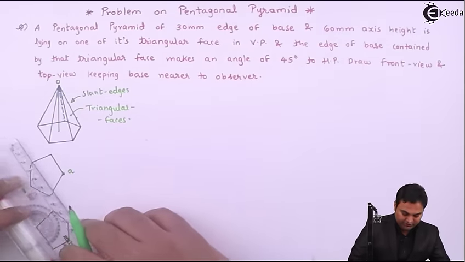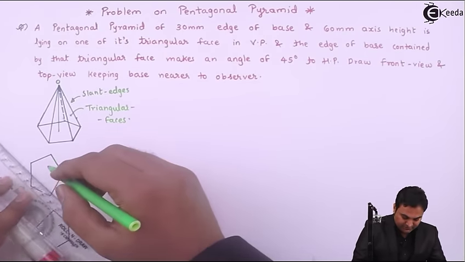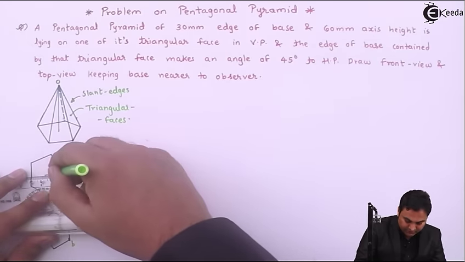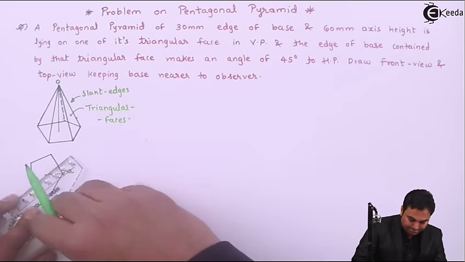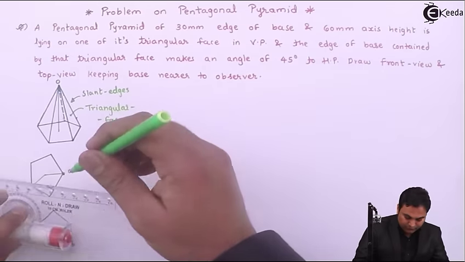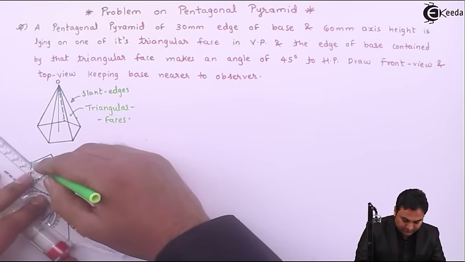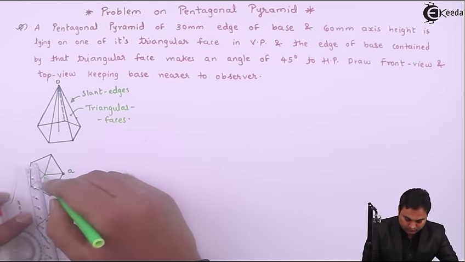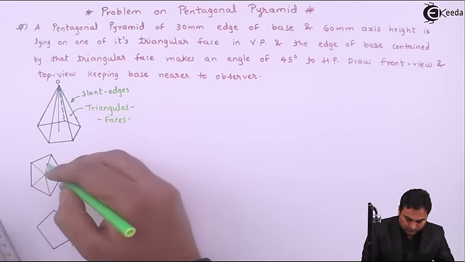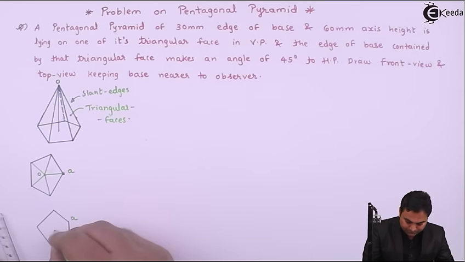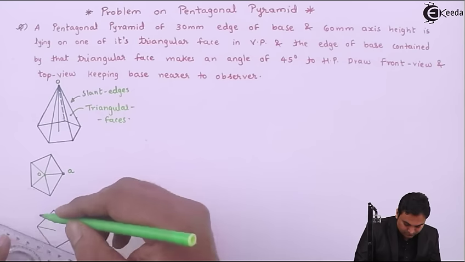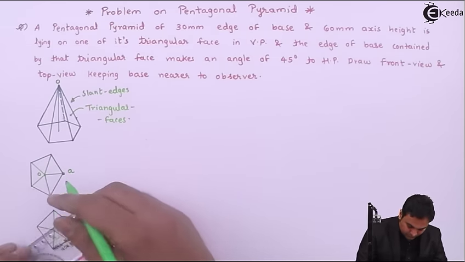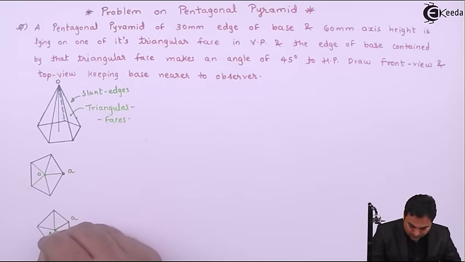So if I join the faces, that is, here if I keep the apex and forming the triangular faces, this is just a rough diagram so that I can explain the initial condition. Here is apex O. Here also apex.